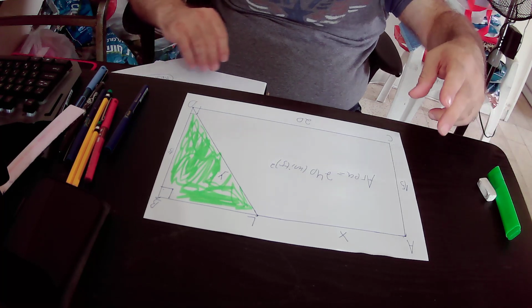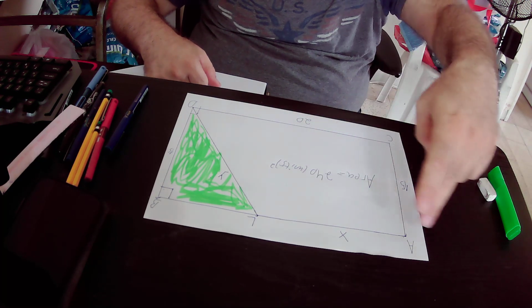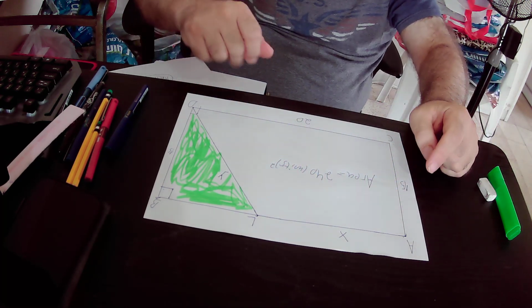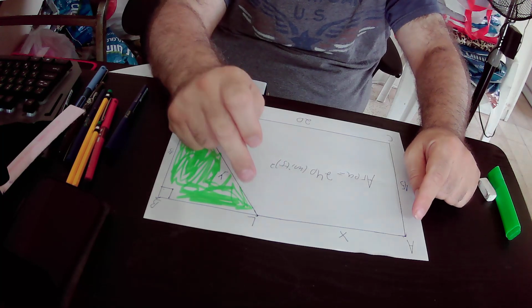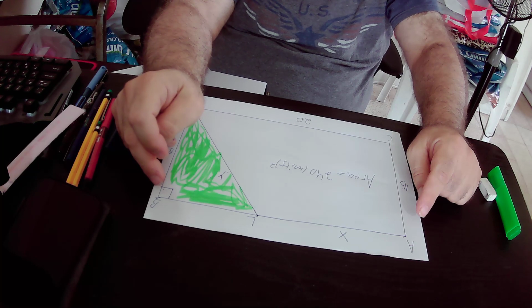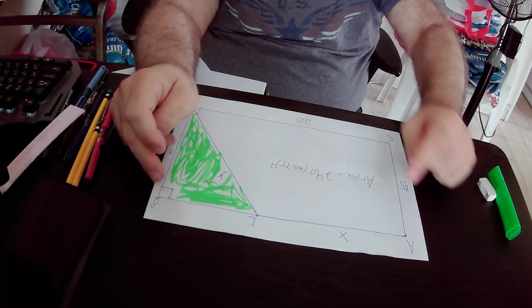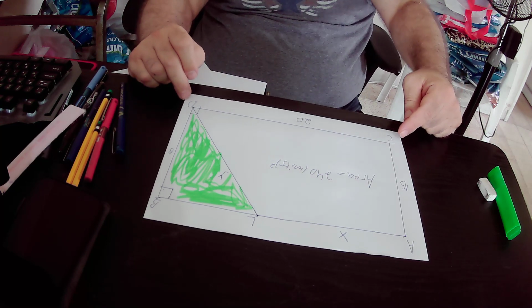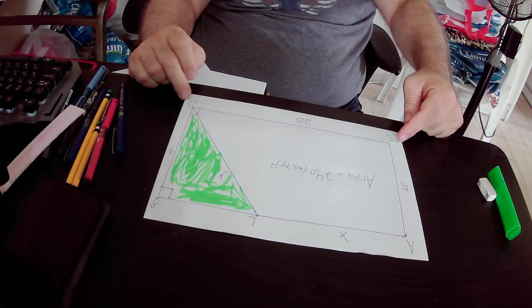We gave names to the vertices of this y shape, and then we extended line segment x to a size of 20 units, and then from point B we lowered a perpendicular to line segment CD.